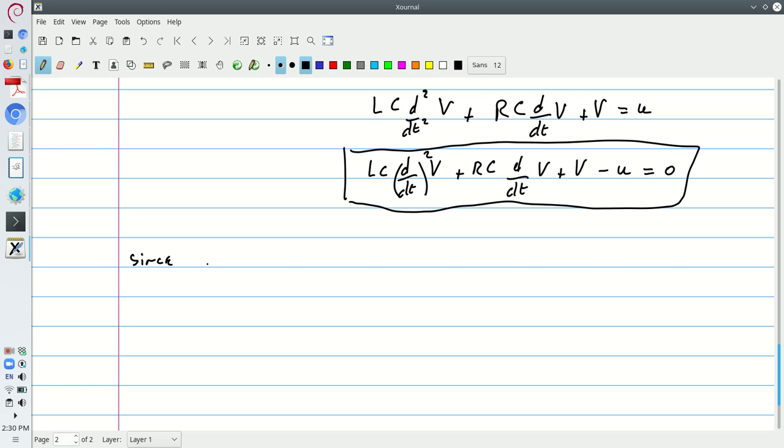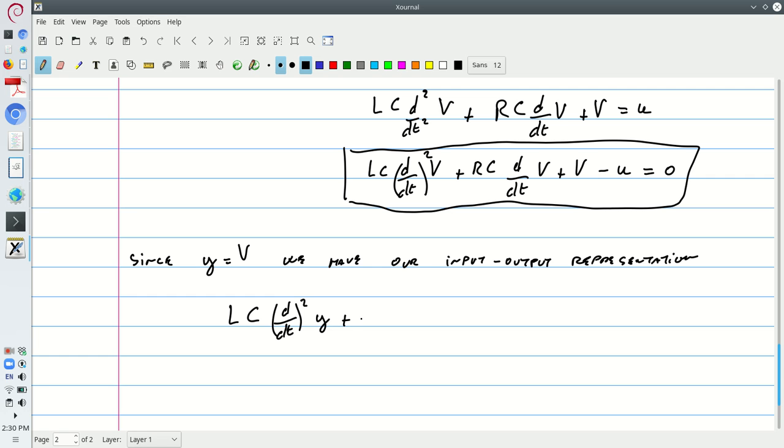Since Y is equal to V, we have our input-output representation, that we can write in this way: LC, second time derivative of Y, plus RC, derivative with respect to time of Y, plus Y minus U equal to 0.